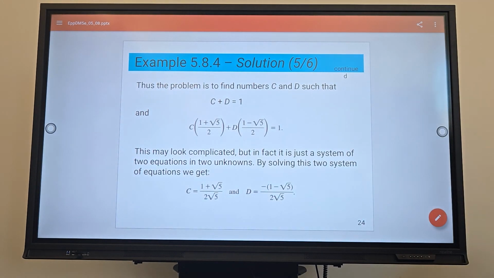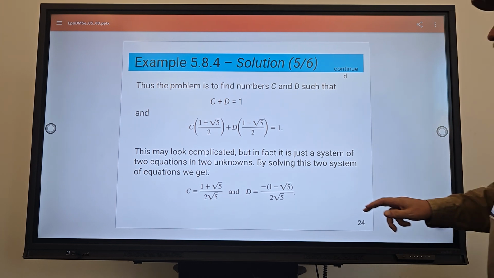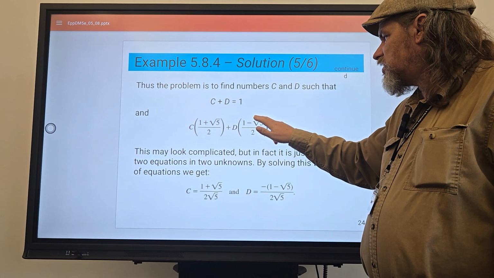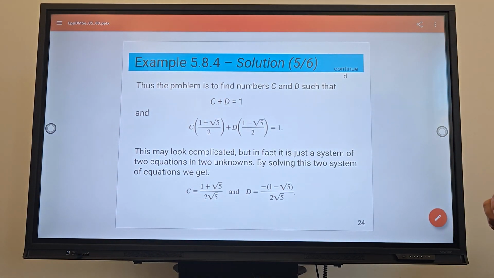Thus the problem is to find the numbers C and D such that C plus D equals 1, and C times this amount and D times this amount equal 1. This may look complicated, but in fact it is just a system of two equations with two unknowns.